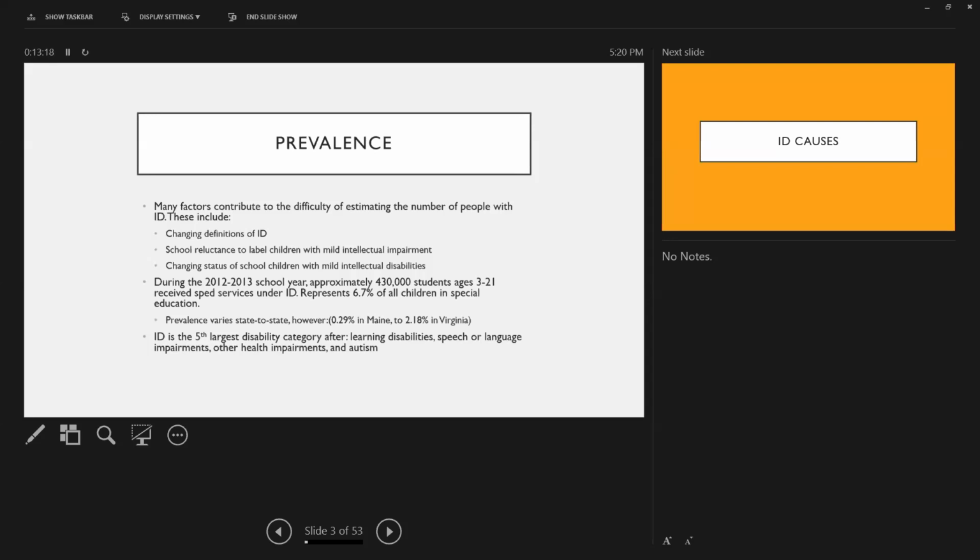So yeah, it could be that maybe some states are more interested in diagnosing those borderline cases. The student might have a profound intellectual disability, or the student might have level 3 autism spectrum disorder.